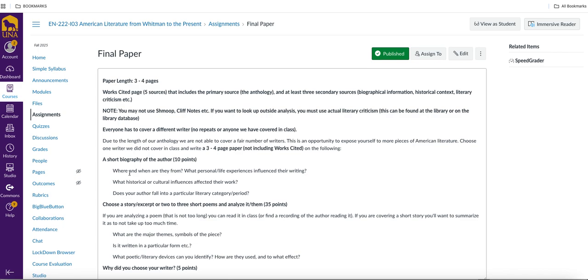But the idea is that the anthology, if you had the actual book in front of you, is like 3 volumes, right? It's thousands of pages long. There's no way that you can do that in a semester. It's impossible, unless that is literally all you did and you didn't take any other classes.